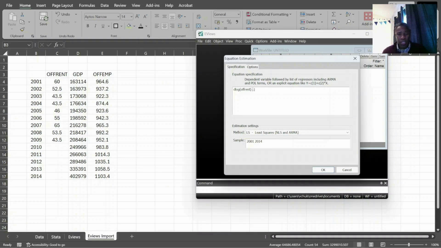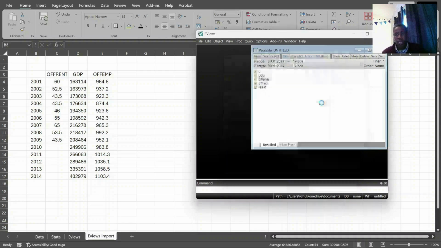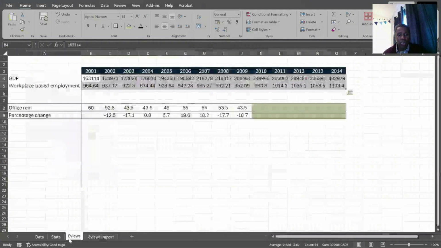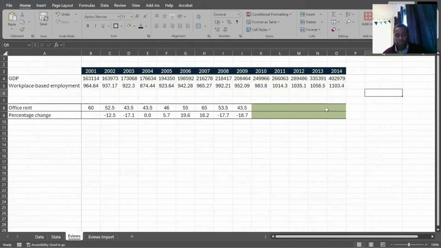And this is dependent on the constant term, the log of office rent the previous year, the change in the log of office employment, and the change in the log of GDP. And this gives us our model. So we're happy with it. So I'm going to take this now and copy it, and put it somewhere next to here.